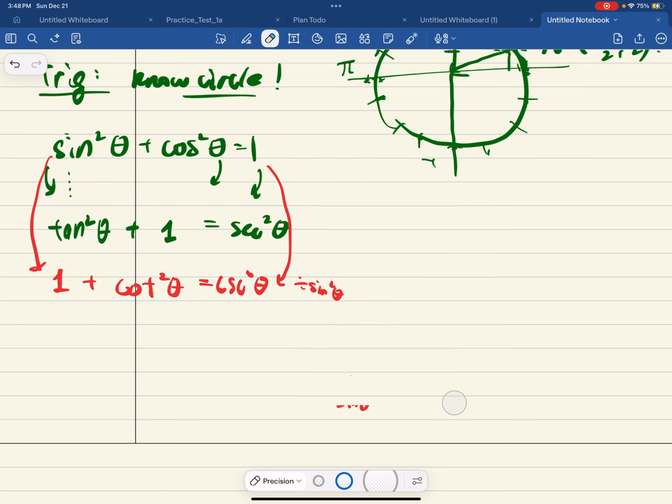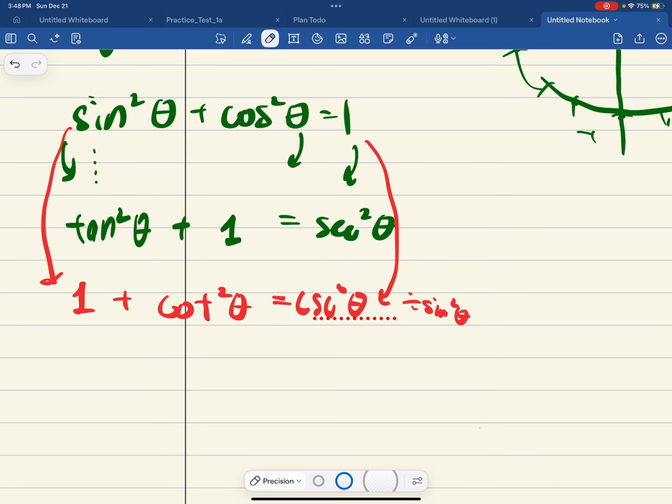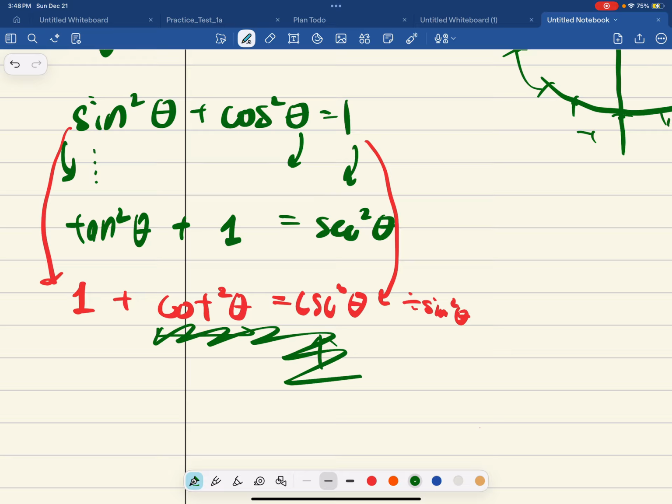And these expressions are very handy, totally crucial actually, because the calculus exams will give you questions where you have to come up with a simplification. So if they give you a cotangent squared and you don't know how to simplify it by other means, then you know that 1 plus cotangent squared is equal to cosecant squared. Or actually, that's the opposite. Let's say you know what cosecant squared is, but you don't know what cotangent squared is.